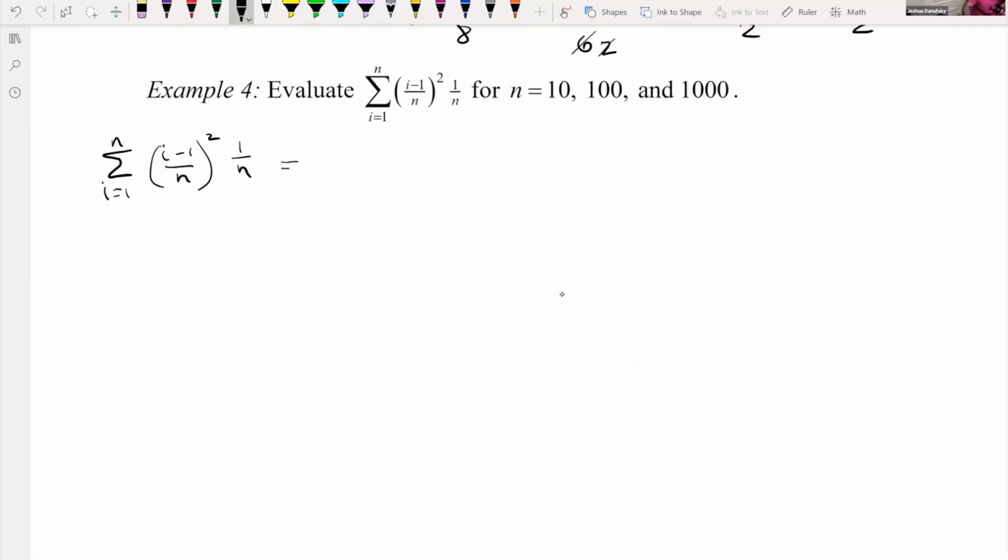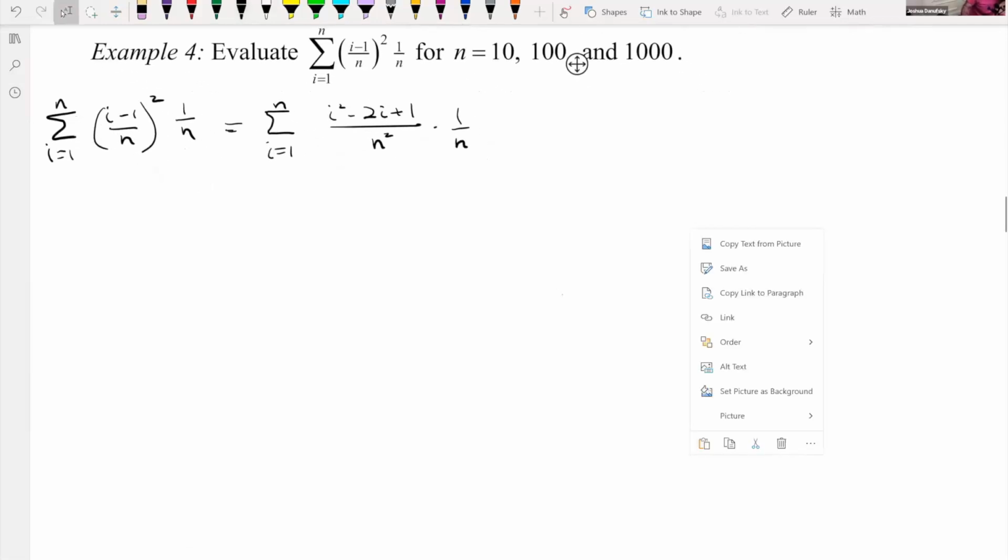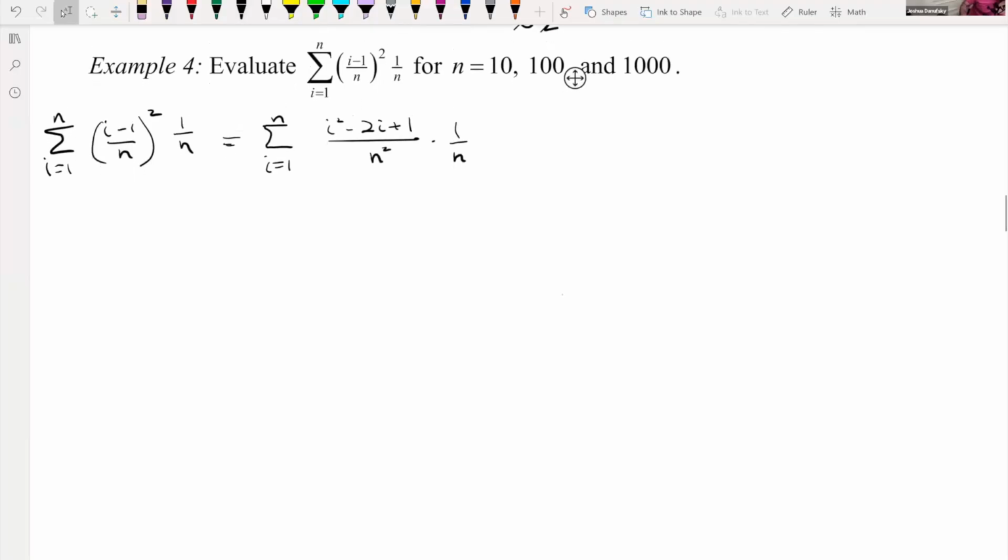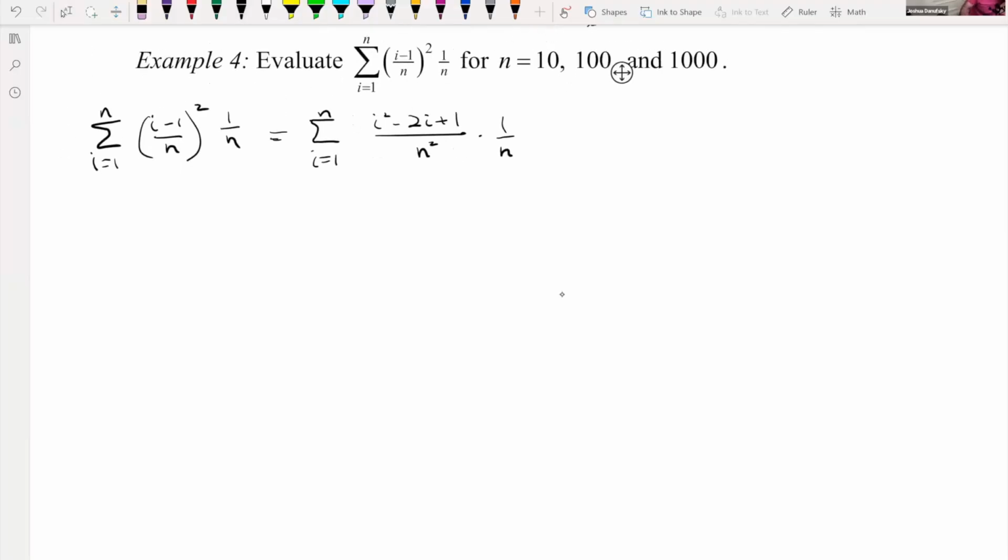So we're going to have the summation i equals 1 to n. When I square the numerator, I'm going to have i squared minus 2i plus 1 over n squared, and that's being multiplied by 1 over n. So we can just multiply the denominators here, and we get n cubed in the denominator.